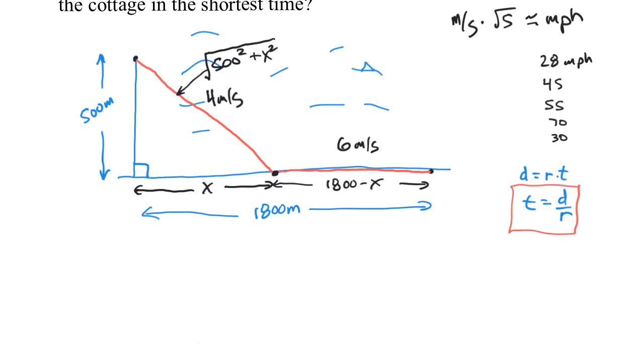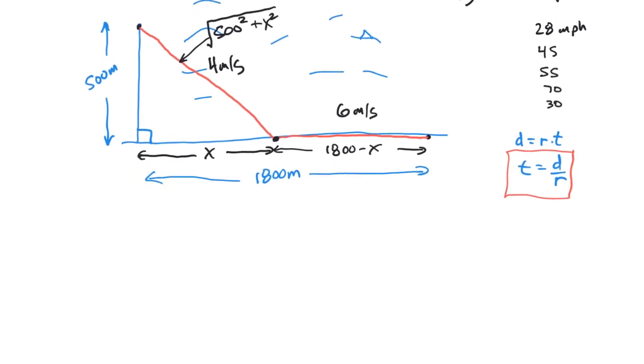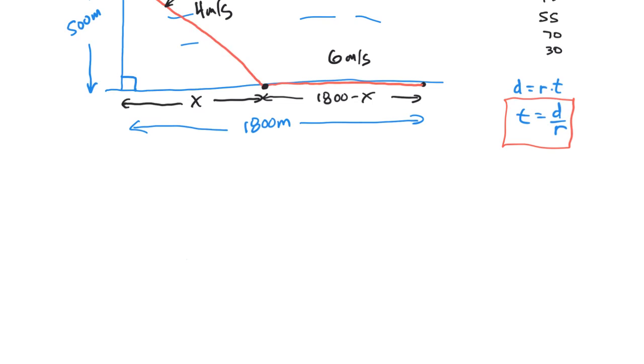So once we have that set up, now we can come up with our formula. We want to minimize time. So the time, I'm just going to put x here. Time is a function of x. And it's going to be distance over rate swimming. The distance is the square root of 500 squared plus x squared. The rate is 4 meters per second.